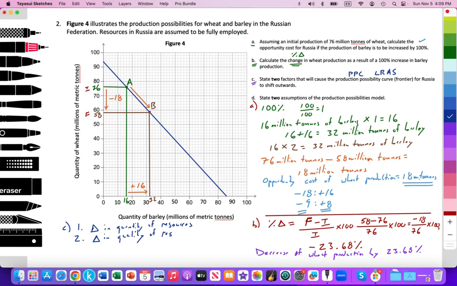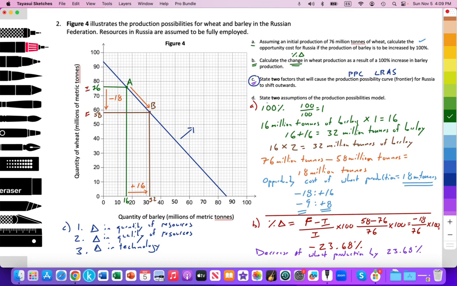So in the case of labor, for example, if you have low-skilled labor and you improve the quality of labor from low to mid or high-skilled labor, they're able to produce more, so that causes the PPC curve to shift outward. And the third one that should immediately come to mind is also a change in technology. New technology enables you to produce more with the same quantity and quality of resources. So you just need two of the three to answer that question.